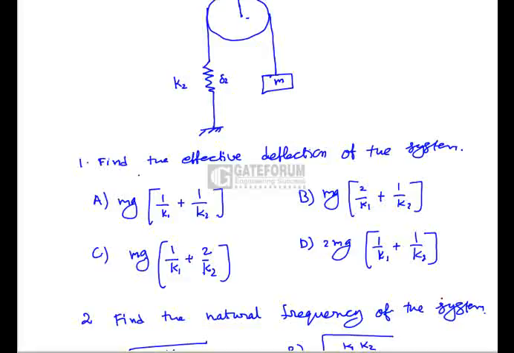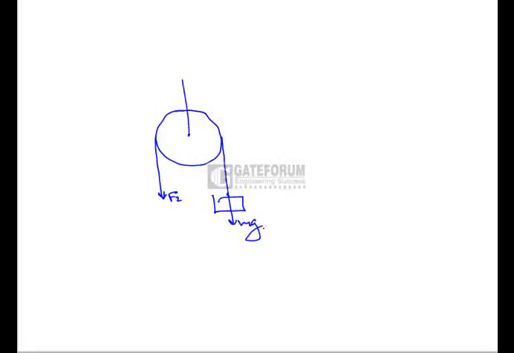Coming to the solution, the free body diagram for the given spring mass system is as follows. Here is a force due to spring 2, a force due to the mass m, that is mg, and another force due to spring 1, that is f1.